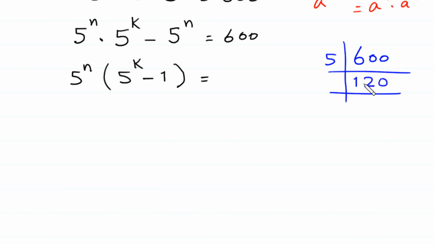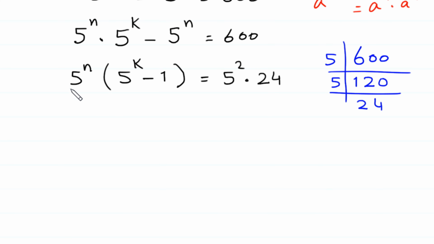Again, this 120 is divisible by 5. 5 2 times 10 and 5 4 times. You can see that this 600 is equal to 5 times 5 times 24. So we can write this 600 as 5 square times 24.